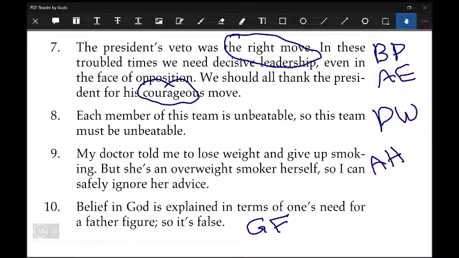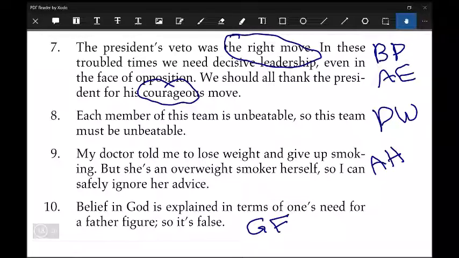Well, probably not a good psychological explanation. There's been a lot of criticism of Freud. But even if it were, even if that's why people believe in God, maybe that's how God gets people to believe in Him. Maybe there is a God, and he has this need for a father figure, and that's how we develop. So it doesn't show that the belief in God is false.